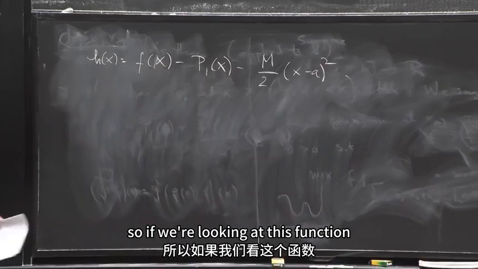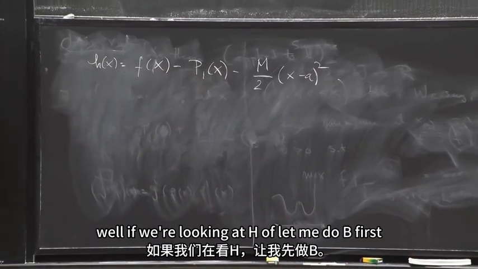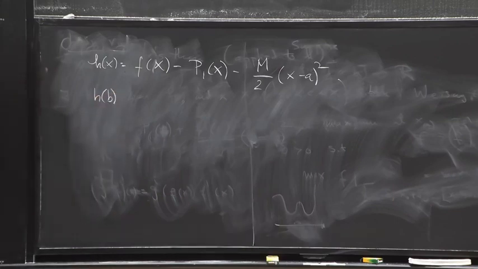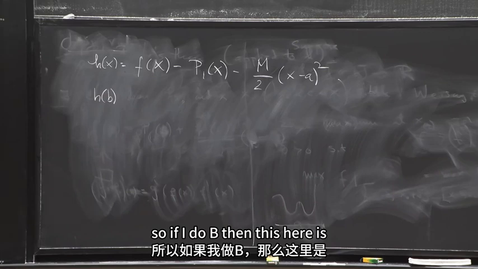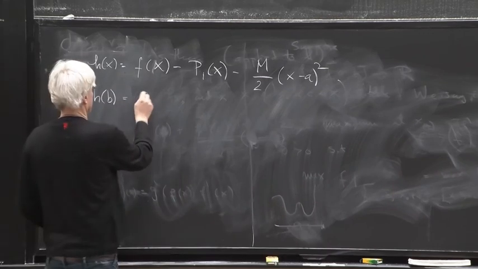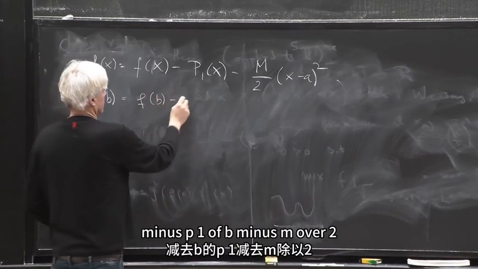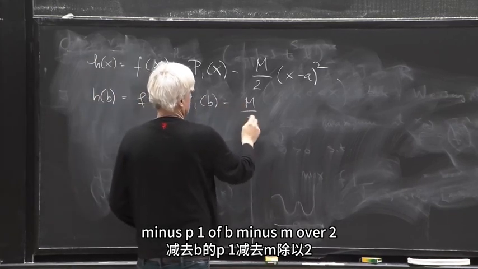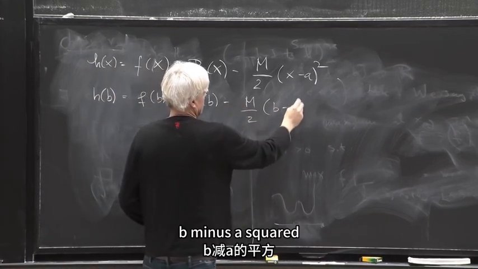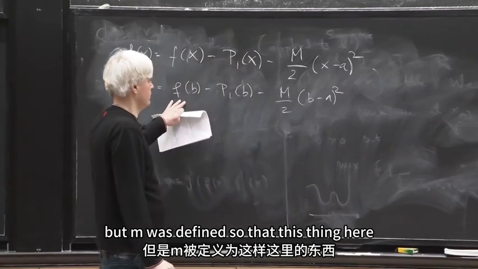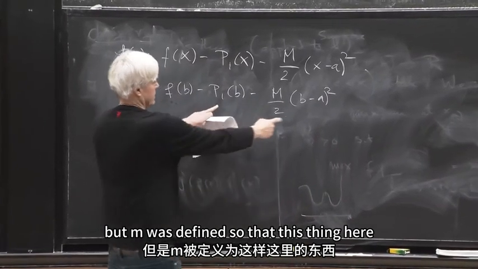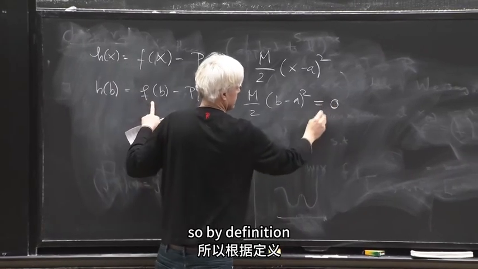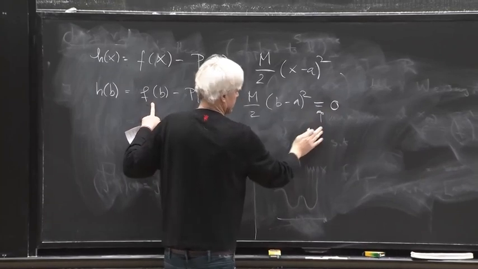If we're looking at h of b first, then this here is f of b minus p1 of b minus M over 2 times b minus a squared. But M was defined so that this thing here is equal to that. So this is by definition of M.